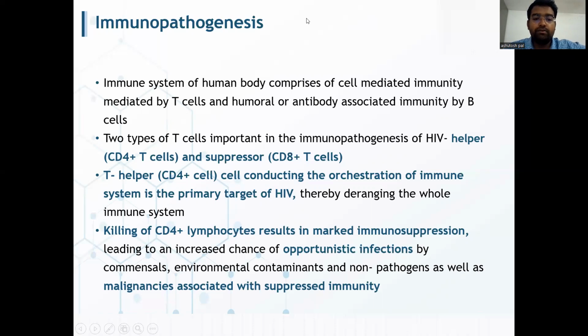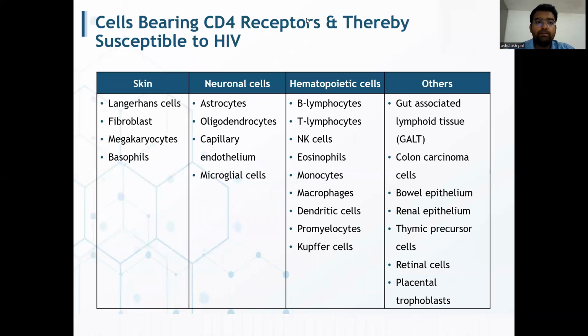The killing of CD4 lymphocytes results in marked immunosuppression, which leads to opportunistic infections caused by commensals, environmental contamination, and non-pathogens, as well as malignancies associated with suppressed immunity.